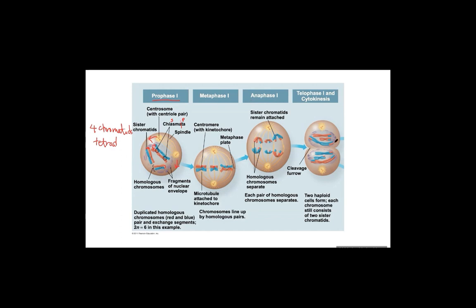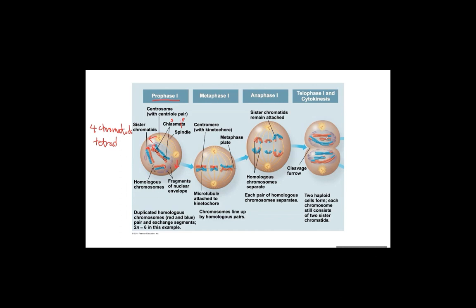If you see telophase 1, you can see two nuclei present inside one cell because cytokinesis has not occurred yet. Inside each nucleus there is already half the chromosome number, haploid.